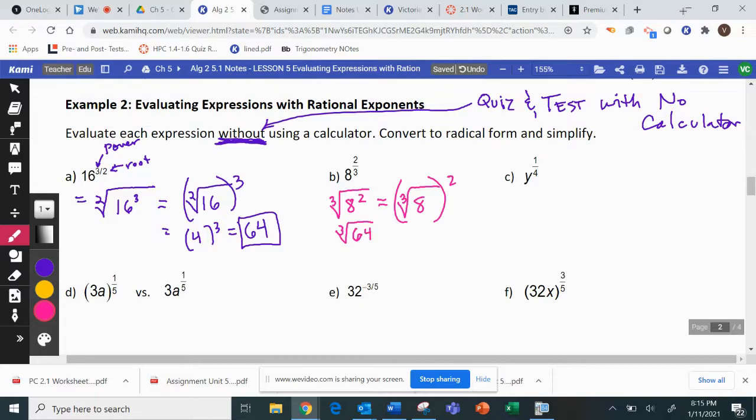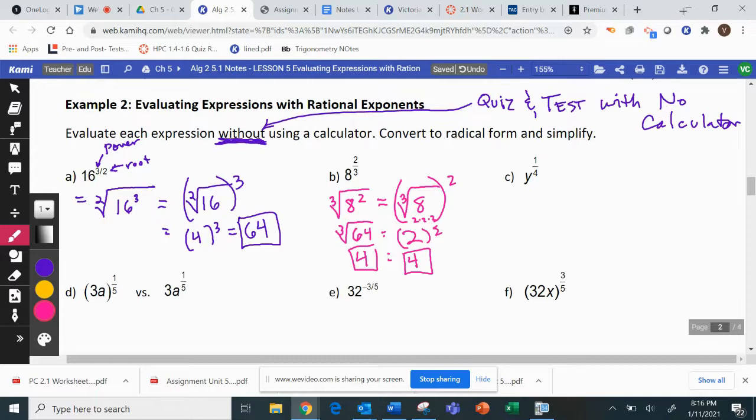If I squared the 8 first, I would get the cube root of 64, which is 4. If I cube root the 8 first, that would be 2 times 2 times 2, which is 2, and then squared is 4. So either way, I get the same answer. You can decide which one you think is easier or not.